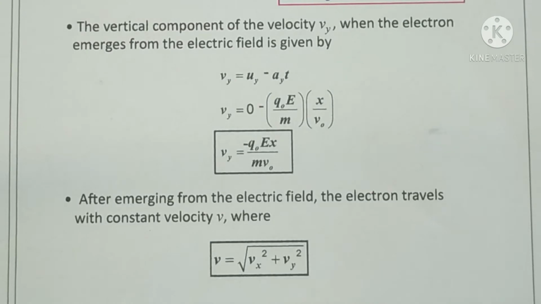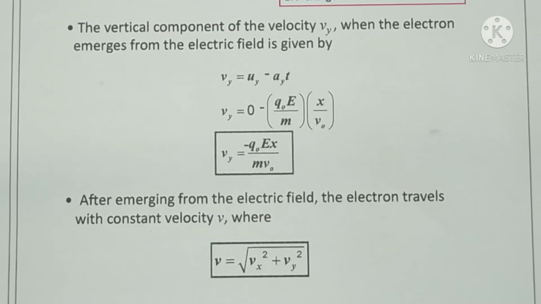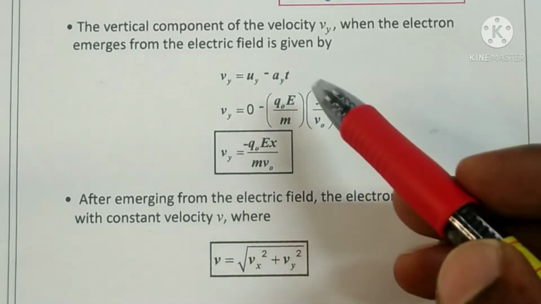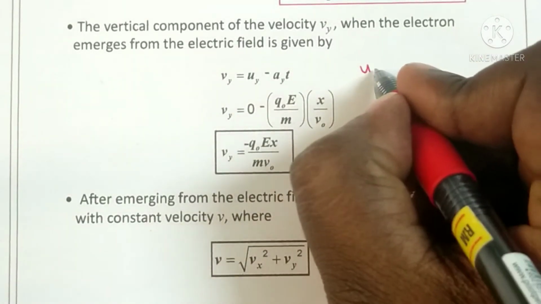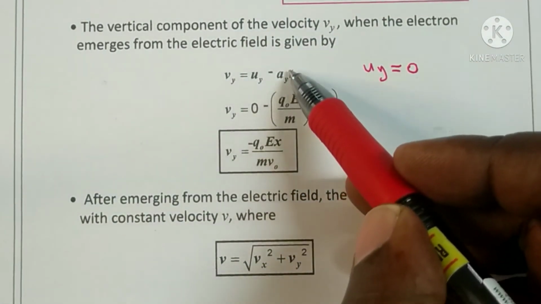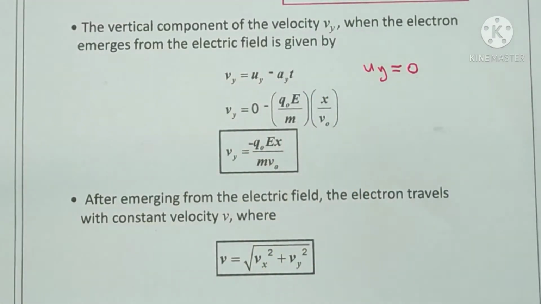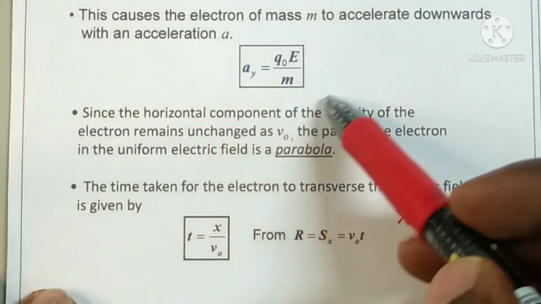After finding the acceleration of the electron and the time taken to cross the field, we can determine the vertical component of the velocity Vy when the electron emerges from the electric field by using this formula, where Uy equals 0. Ay is the acceleration of the electron, which we got before.